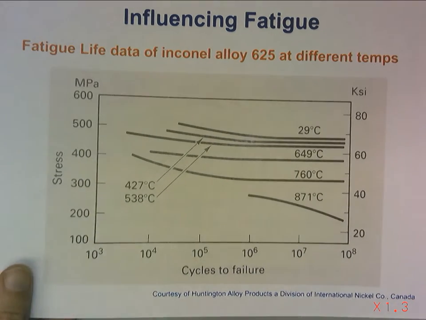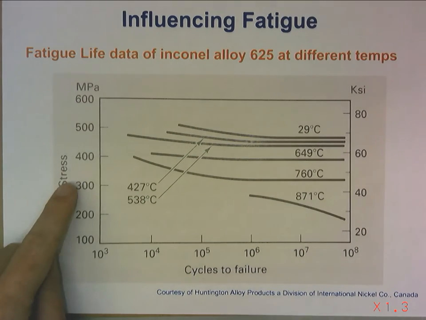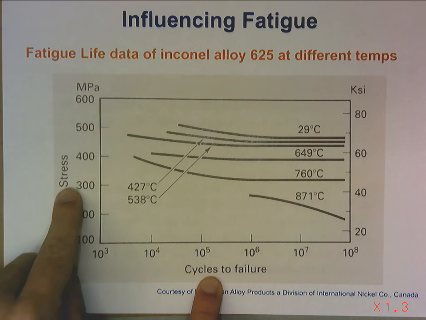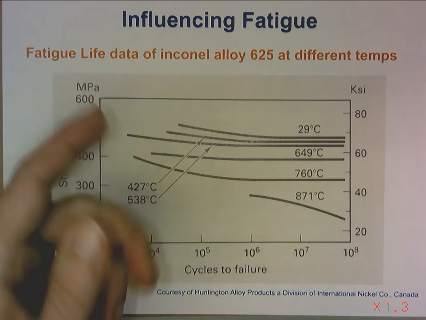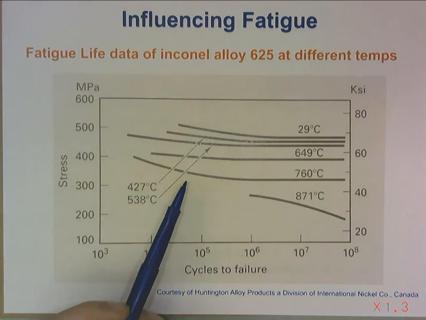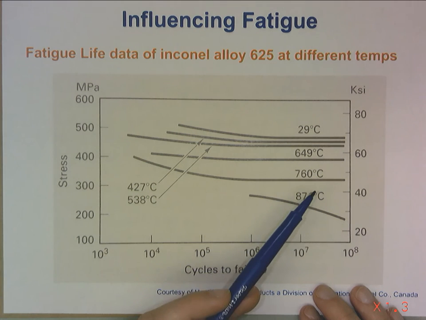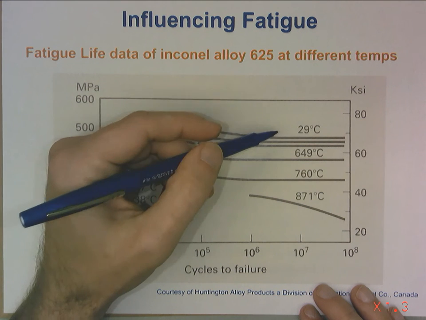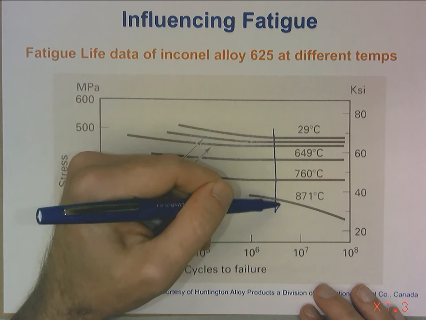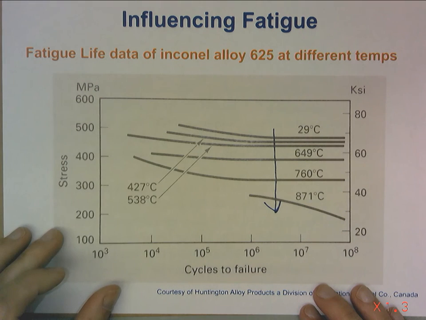Something else to be concerned with is, so here's stress, number of cycles, so this is an SN graph. Looking at a zinc-based alloy at different temperatures, there is an effect of temperature on our endurance limit. So endurance limit decreases with increasing temperature, right?